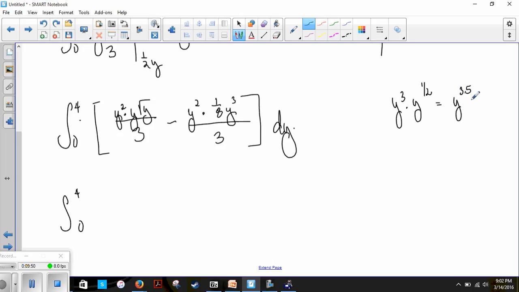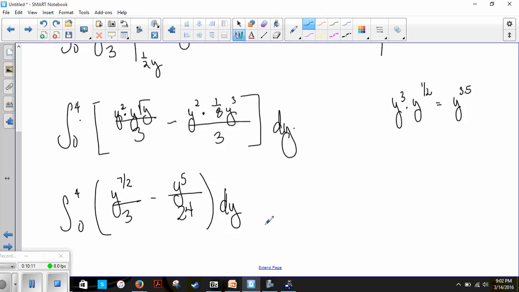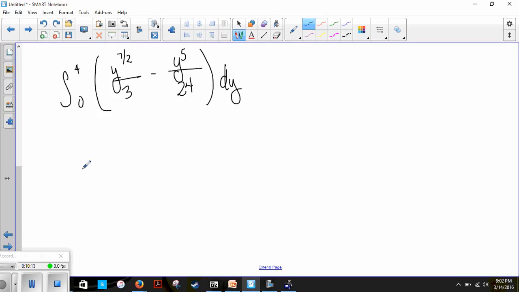And I guess we can go with 7/2. Y to the 7/2 over 3. And now I have y to the 5th up top, and I'm going to kick that 8 down to here, so 24, not 16. And now we can integrate this with respect to y, and it doesn't look quite as bad.